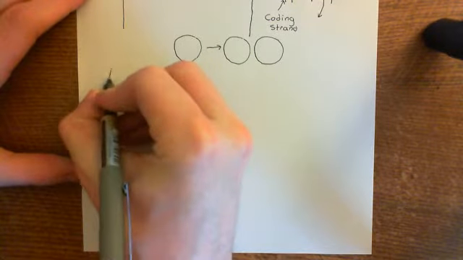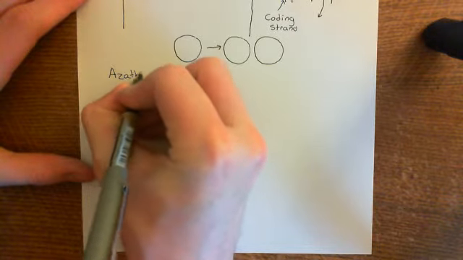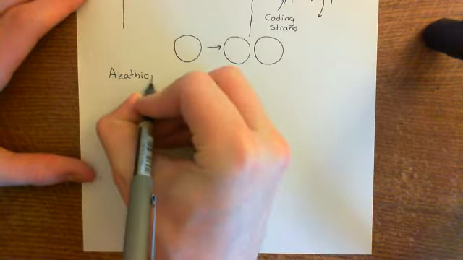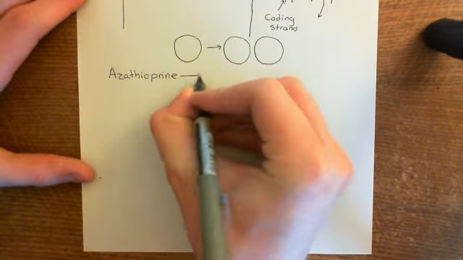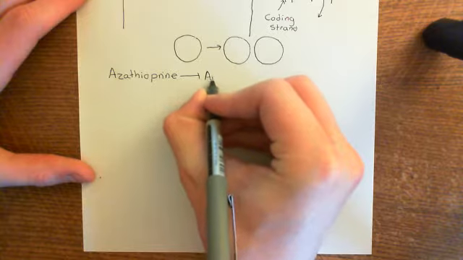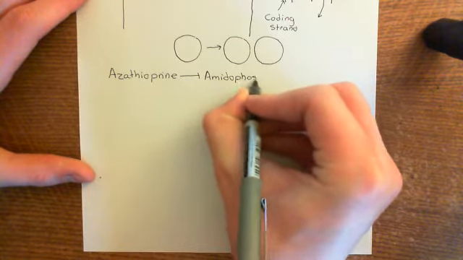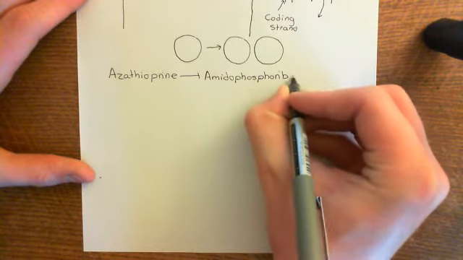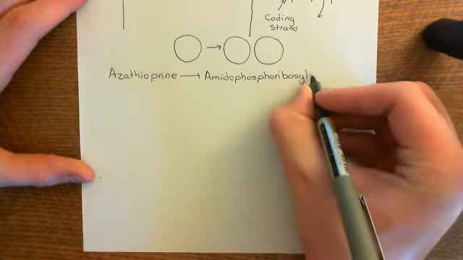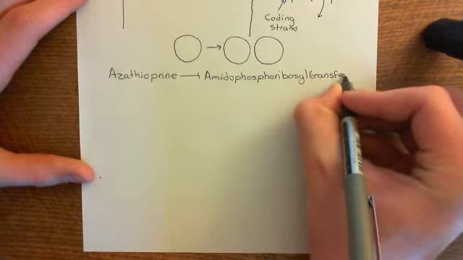So the target for the drug azathioprine is that it's going to block this enzyme, which is called amidophosphoribosyl transferase, and this is abbreviated usually to ATAse.